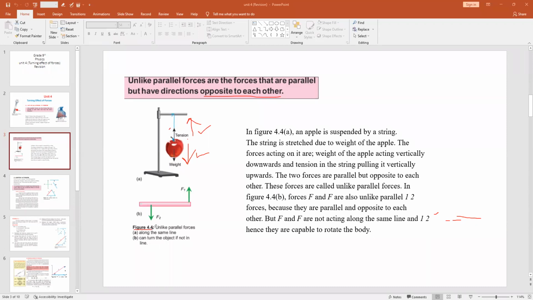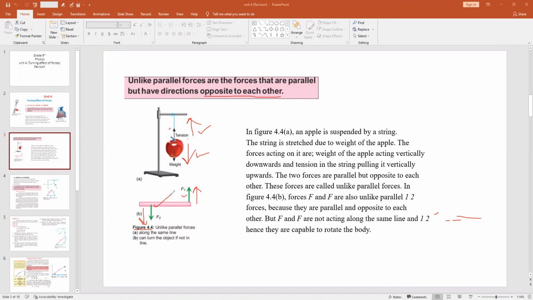This is also an example of unlike parallel forces. If you see this bar, one force is acting in the upward direction, right? This is force F1. And the other force is acting downward. It is the force F2. So you can see that these two forces, F1 and F2, are parallel to each other but their direction is opposite to each other.